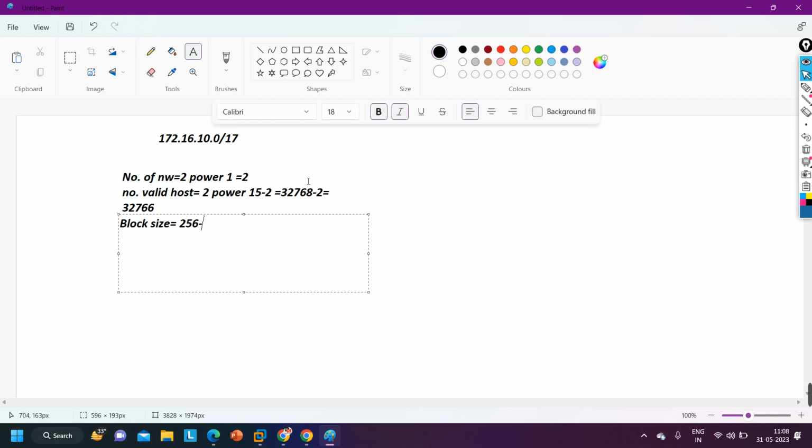Here, in the first octet all bits are 1, and in the second octet also all bits are 1. In the third octet, one bit is 1 and the remaining 7 are 0, and in the last octet all bits are 0. So what will the subnet mask become?